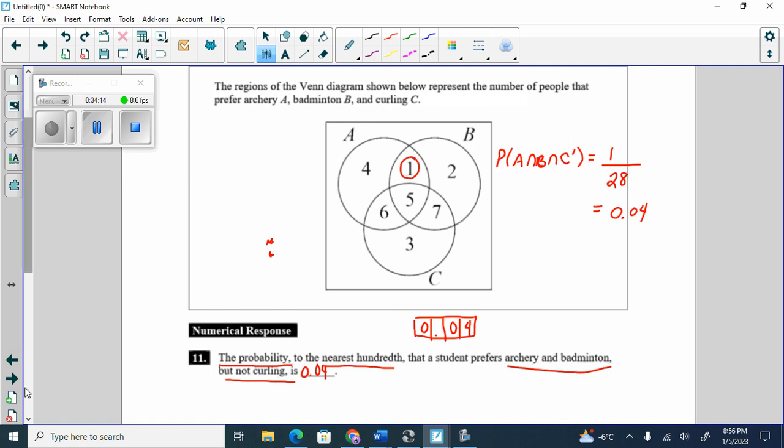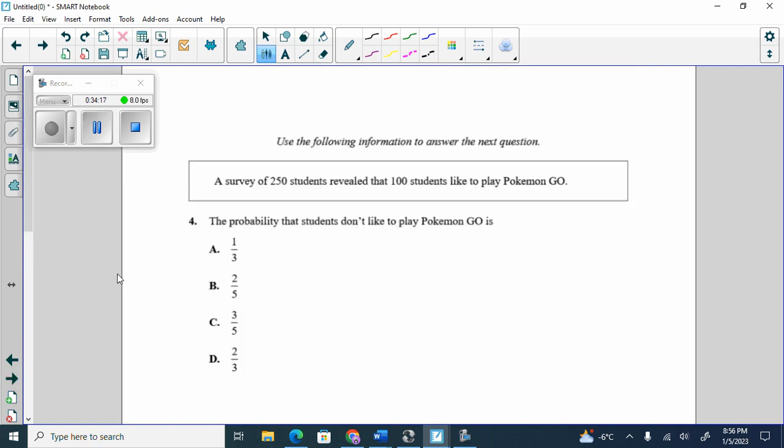Next one is a survey of 250 students. So that's the total. It revealed that 100 students like to play Pokemon Go.